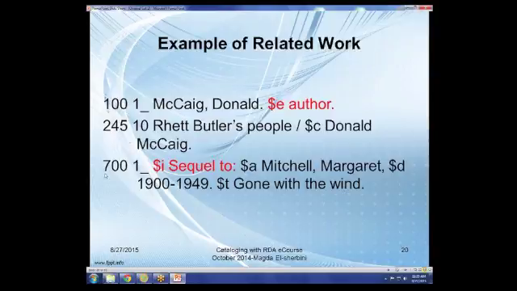Here in the 700 field for the record, you can have a subfield I and the information sequel to, and you would then, using subfield A and subfield T, record the author name and title of the work to which this is a sequel. Now, it's being done this way, by the way, because it's not a series as such.